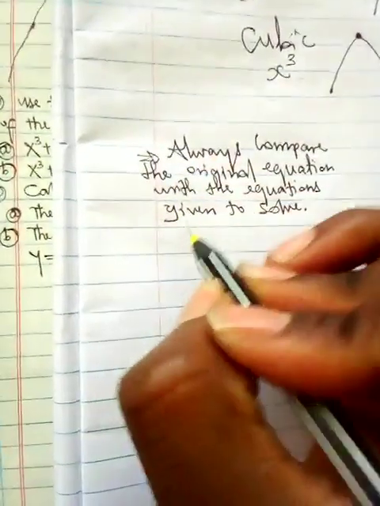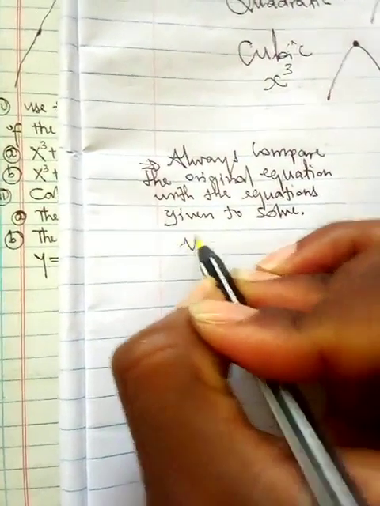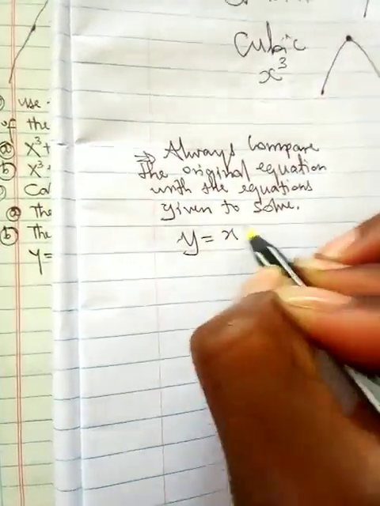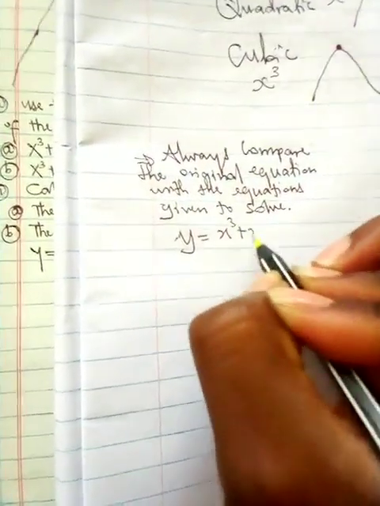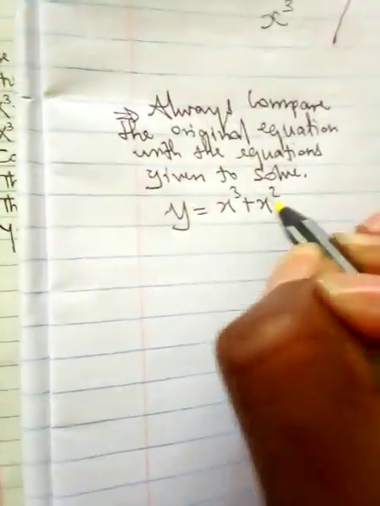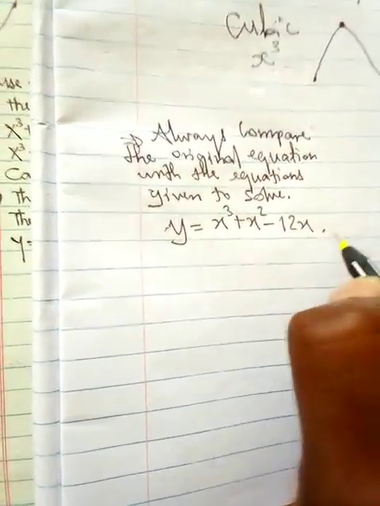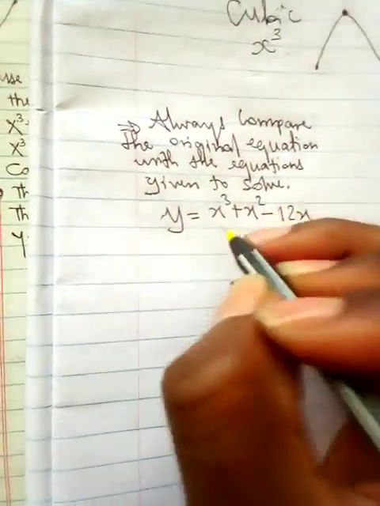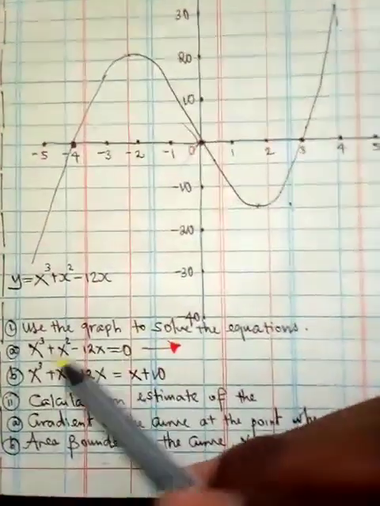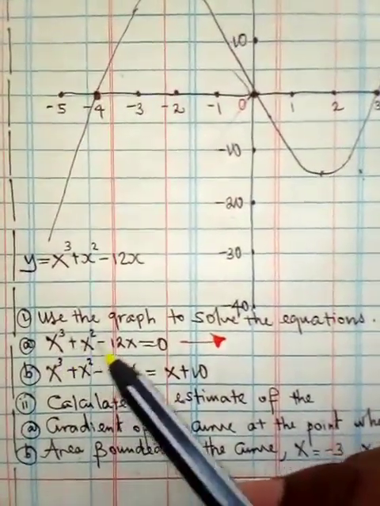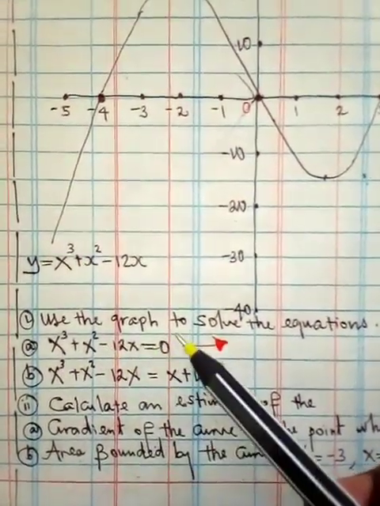Notice that we have been given y is equal to x to the power 3 plus x squared minus 12x. Okay, that's our original equation. And then we have been given x to the power 3 plus x squared minus 12x is equal to 0. That's what we've been given.